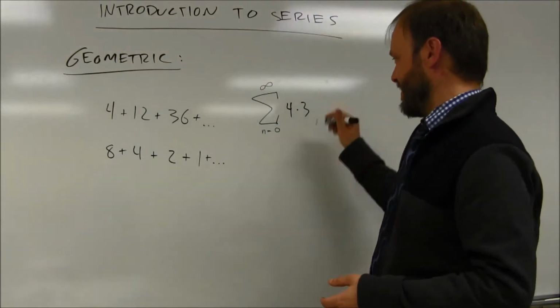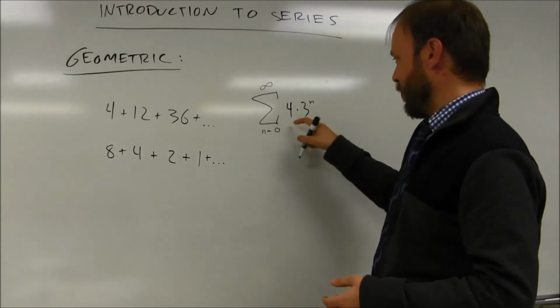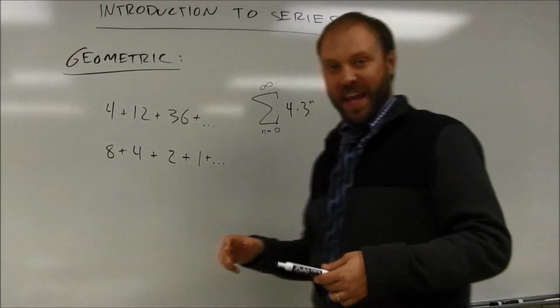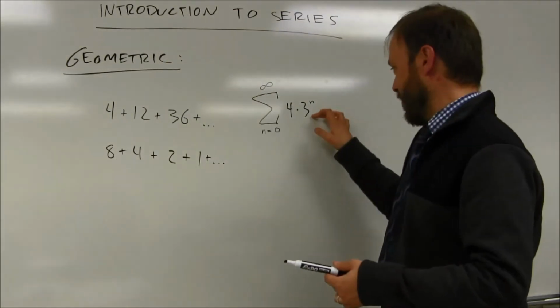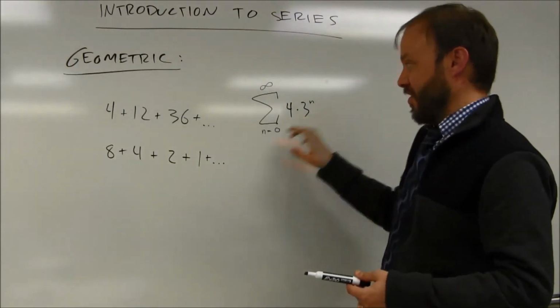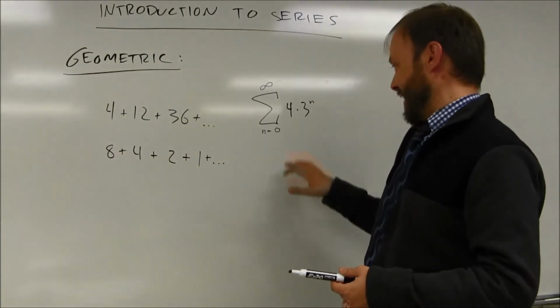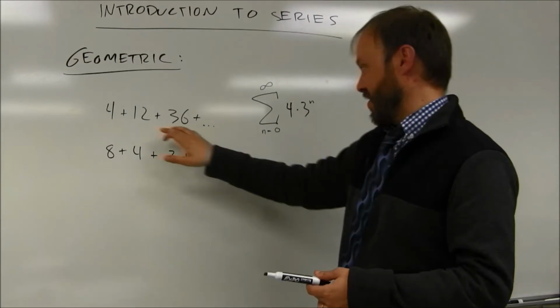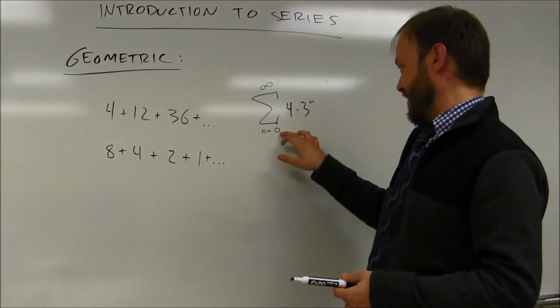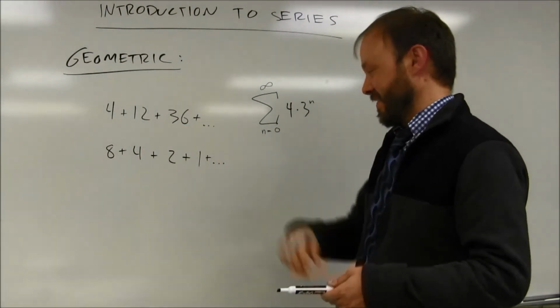If I start n at 0, then I can say it's 4 times 3 to the n. When n is equal to 0, that would be my first term. 3 to 0 would be 1, and I would start out with the first term of 4. Then when n becomes 1, I would have a term of 4 times 3, which is 12. And when n is 2, I would have 4 times 9, which is 36, and so on.